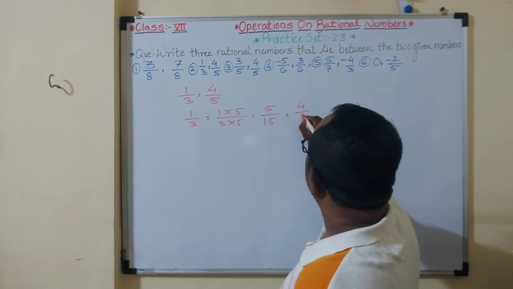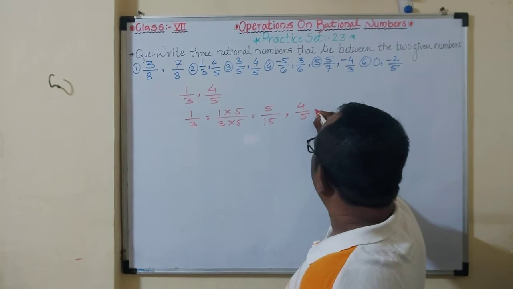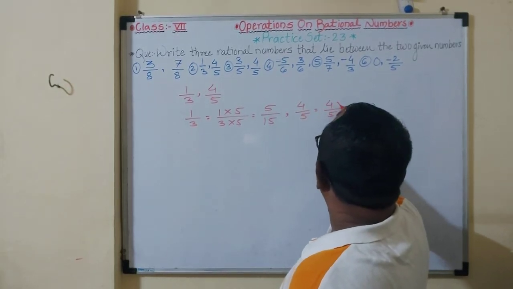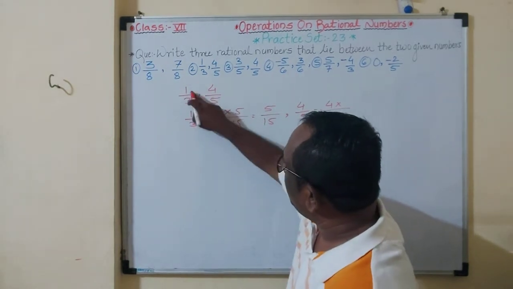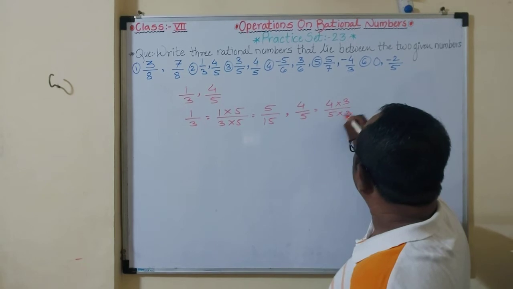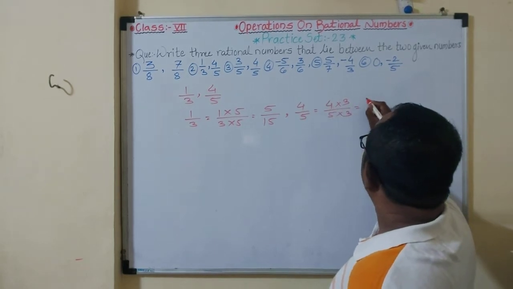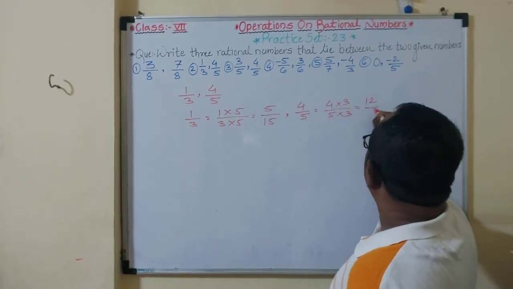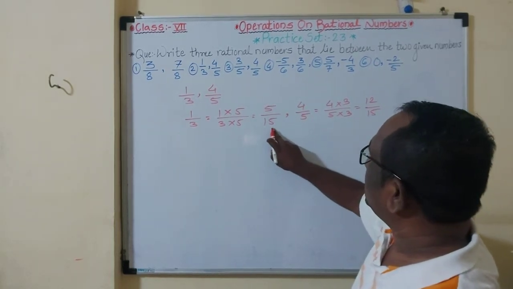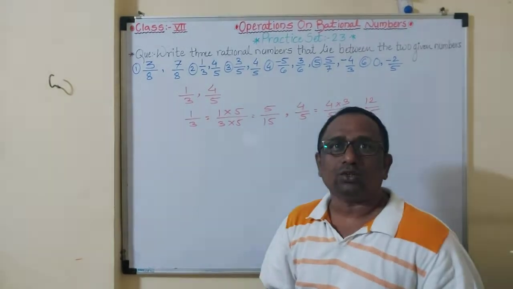Then the second rational number, 4 upon 5, is equal to 4 upon 5 multiplied, both numerator and denominator, by the first fraction's denominator, 3 and 3. Then we get 4 threes are 12 and 5 threes are 15. Now we have the two fractions here. These are the equivalent fractions, students.